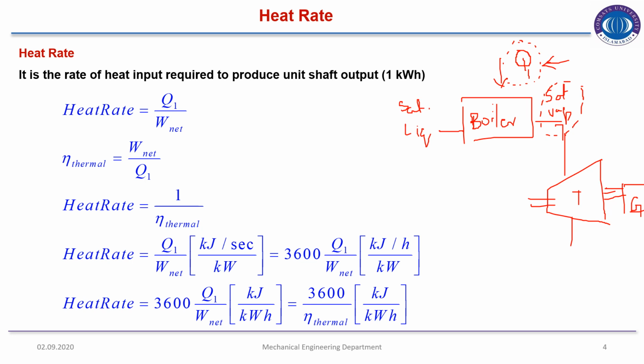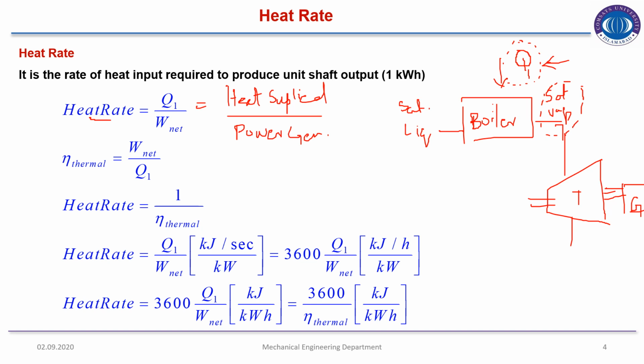So mathematically, heat rate is equal to Q1 divided by W net, where Q1 is the heat supplied and W net is the power that is generated.